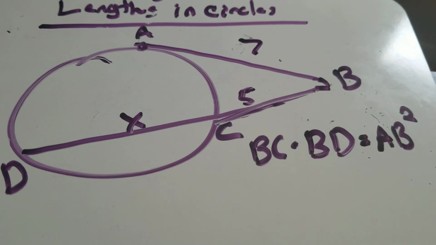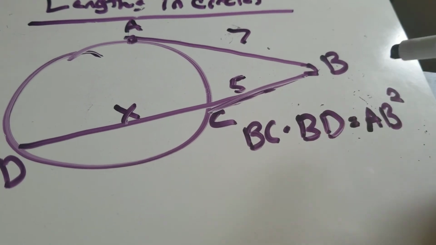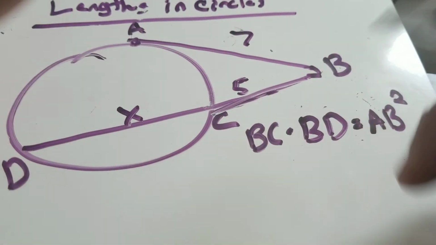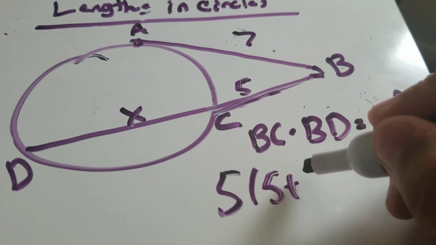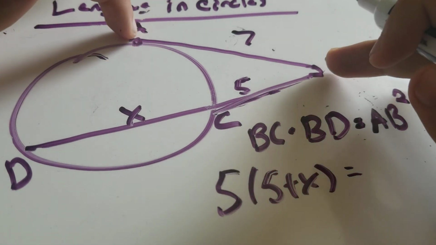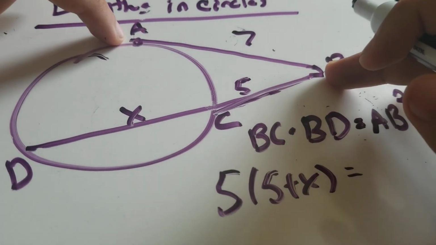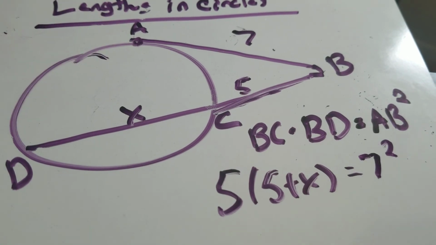Okay, so let's do that one. 7, 5, and x. So first off, we're going to do the outside, which is 5, times the whole thing. Should look familiar. 5 plus x. I guess I'm not very creative, it seems like. Equals this over here. AB is squared, so 7 squared. Whatever the length of the tangent is, squared.